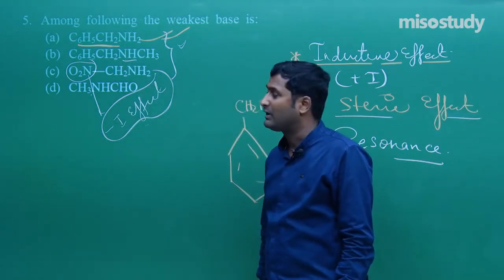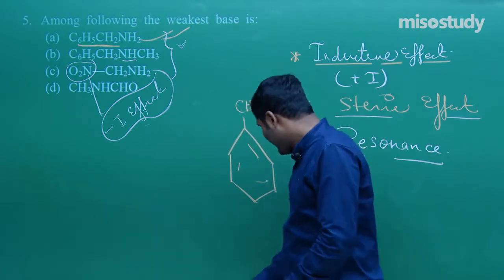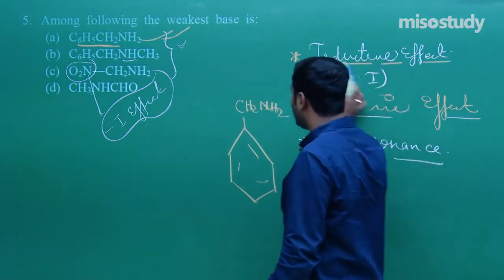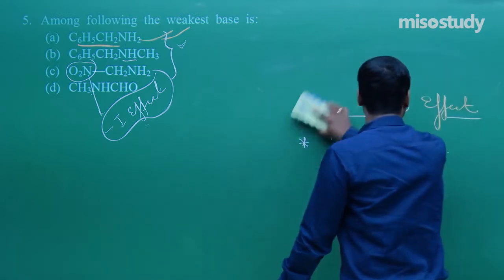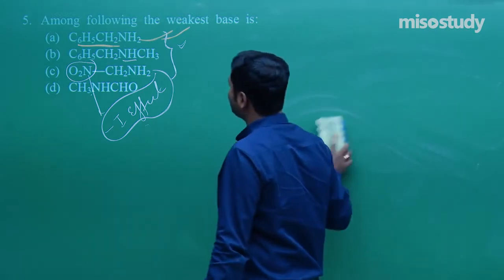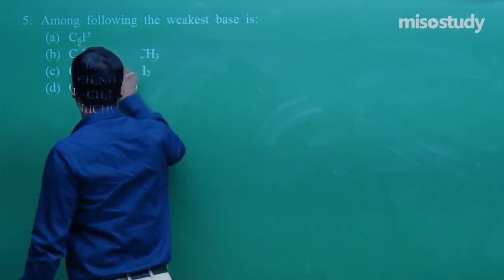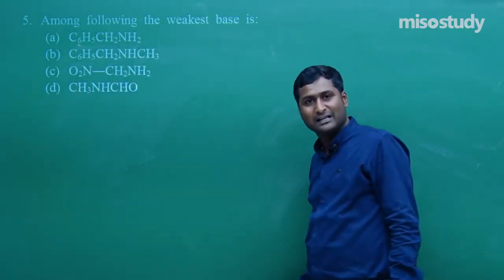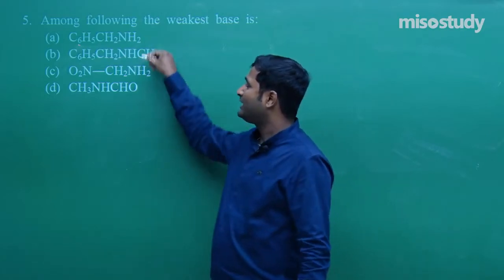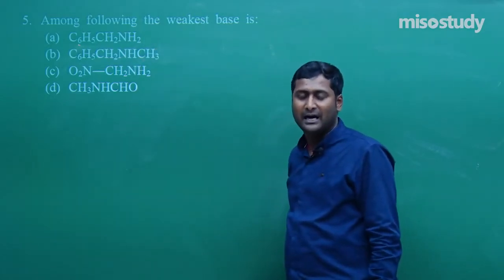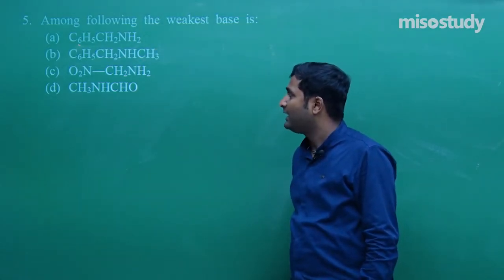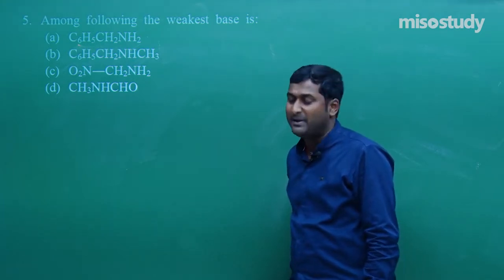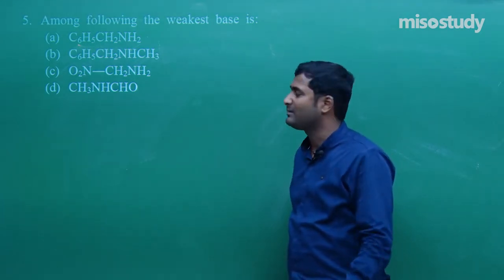Am I right? It is very simple here. What decides the basic character here is the inductive effect, and there is no need to use resonance, because we do not need to arrange them in order of increasing or decreasing basic character.